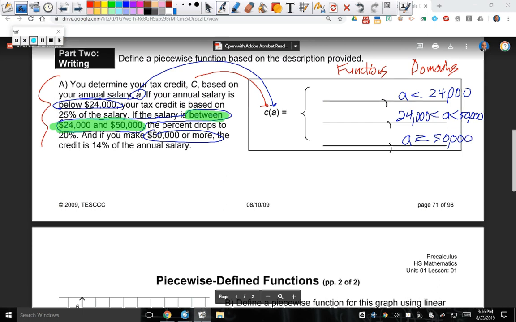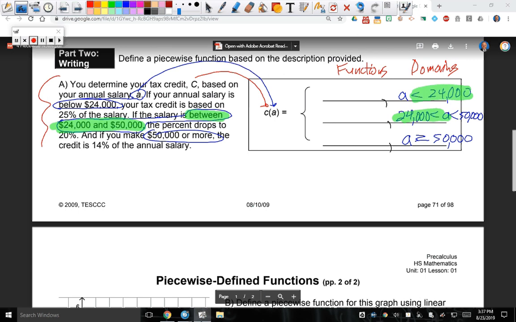Now, I think, if I'm correct, maybe Powell was thinking about this just now. The first one had A is less than 24,000. The second one has A is greater than this 24,000. We never included 24,000. And that's the twist on this question. You won't see something worded this way incorrectly. On the quiz and test, it will be clear, okay, of where it goes.